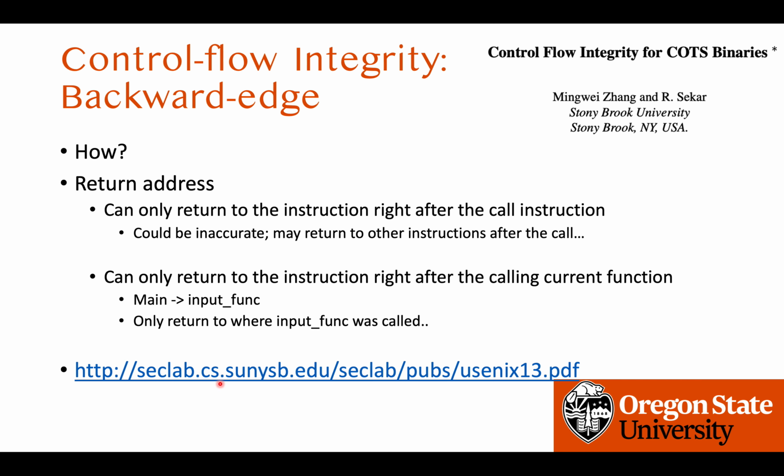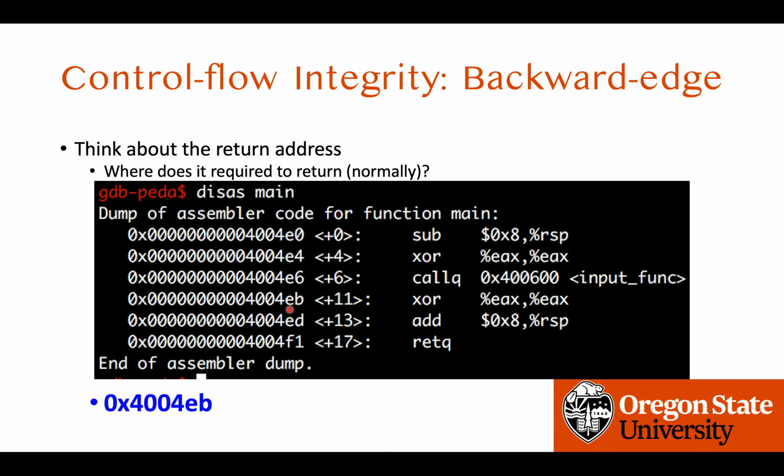One of the properties of the return address is that it should be an instruction address that is right next to the call instruction. So if you return to some other instruction, like pop return, or some other gadget that is not right next to the call instruction, that could be an illegitimate return target. So we can define a return target as any instruction right next to the call instruction.